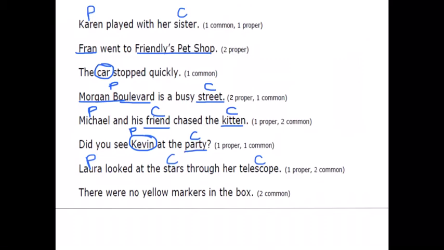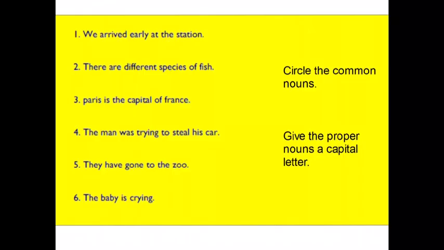Laura looked at the stars through her telescope. One proper noun, which was Laura, and two common nouns, stars and telescope. And our final sentence, there were no yellow markers in the box. We have to find two common nouns. And on this occasion they are markers and box, both common nouns.